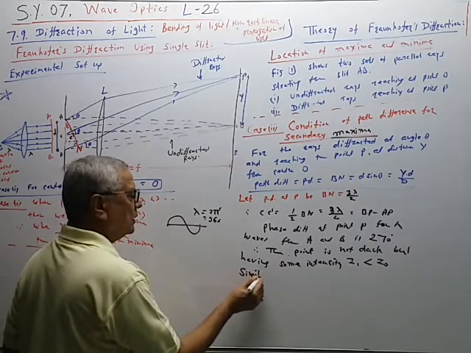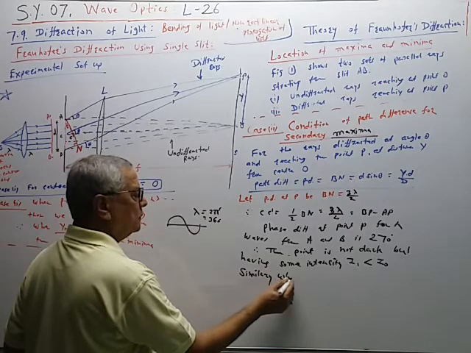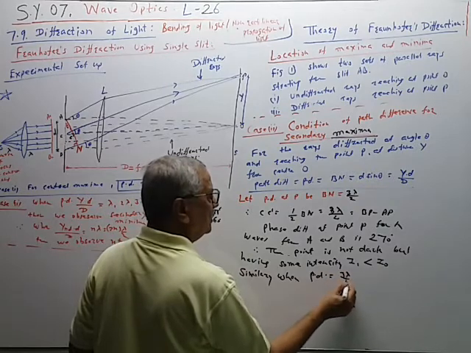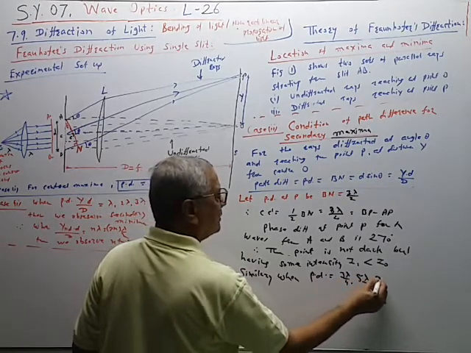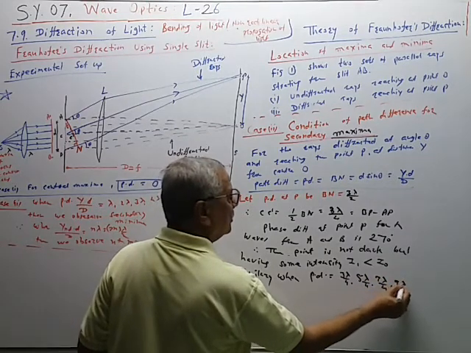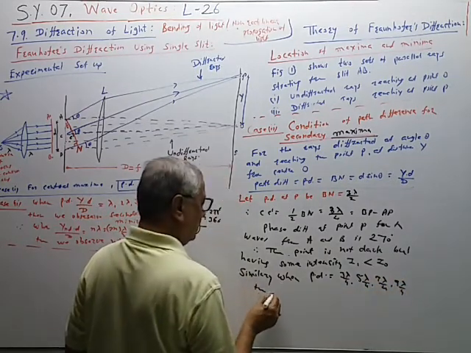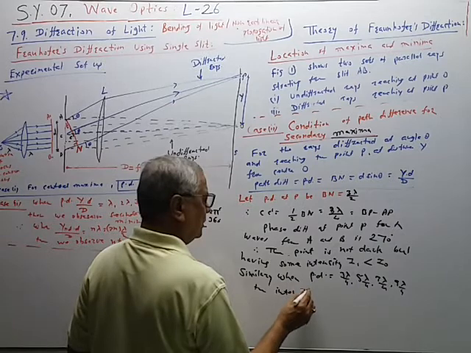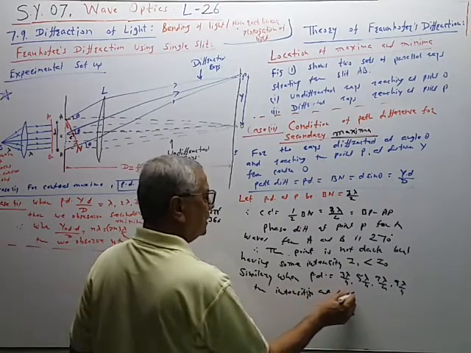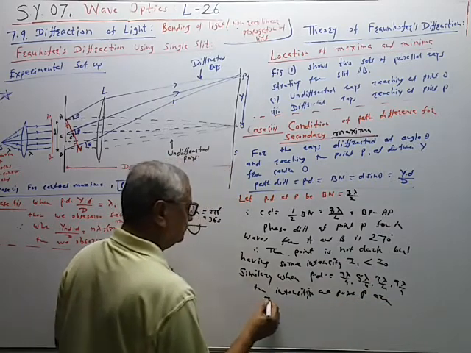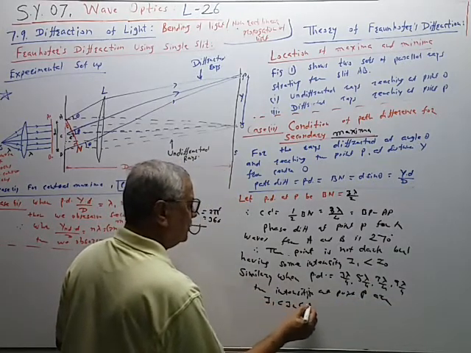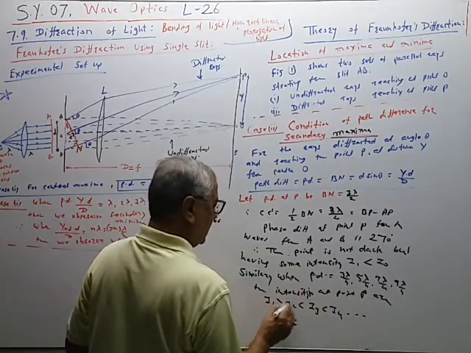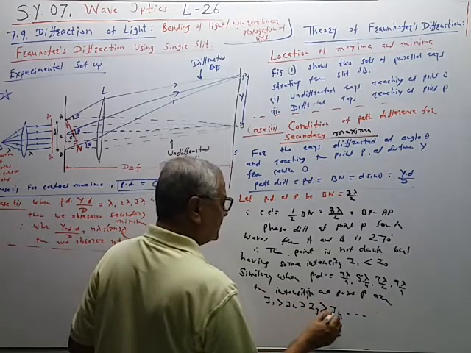Similarly we can show that when the path difference is equal to 3 λ/4, 5 λ/4, 7 λ/4, 9 λ/4, etc., the intensities at point P are I1 greater than I2, I2 greater than I3, I3 greater than I4 like this.